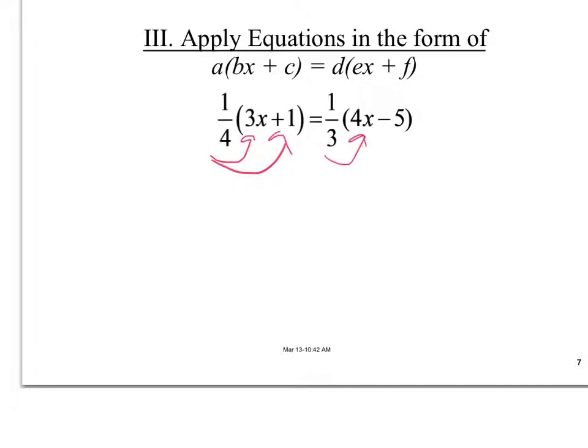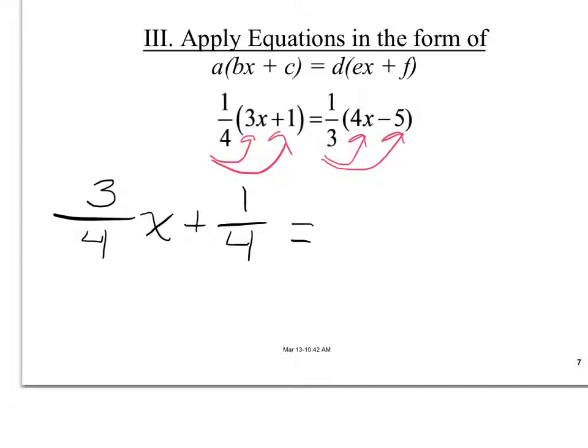So 1/4 gets multiplied through, and then 1/3 will get multiplied through. So 1/4 multiplied by 3x will be 3/4 times x. 1/4 times 1 is just 1/4. So there's the left side finished.